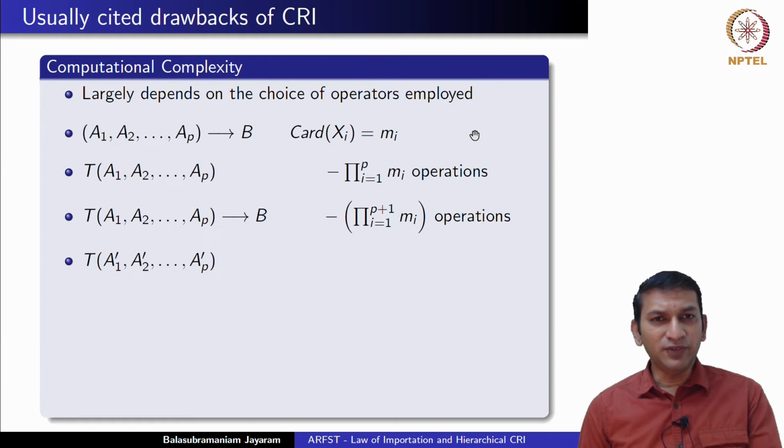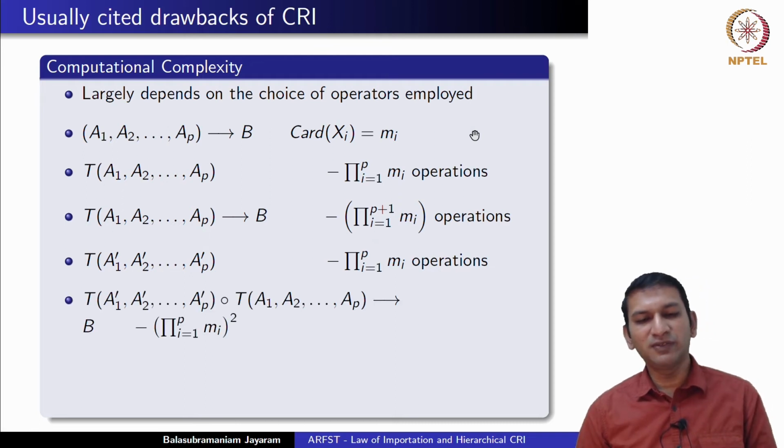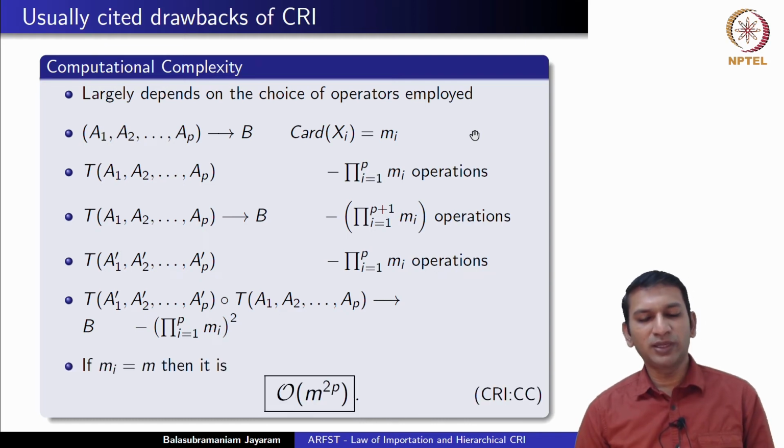Now for the inference itself, given an input A1 dash, A2 dash, up to AP dash, these have to be combined, which means the product over i equal to 1 to p of mi operations. And finally, for the composition itself, we need the square of that operation. If you assume that all the mi's are the same, say equal to m, then the order is given by the largest of these.